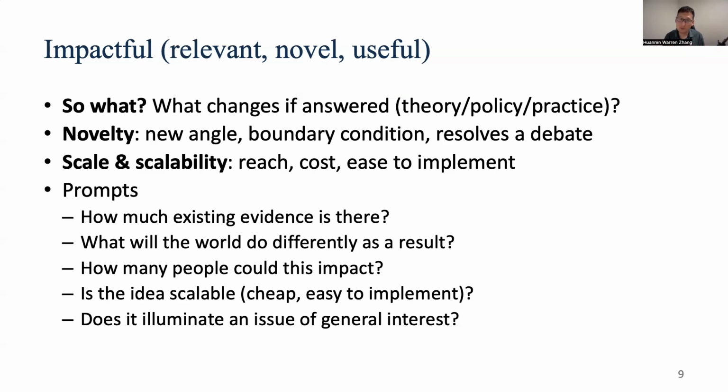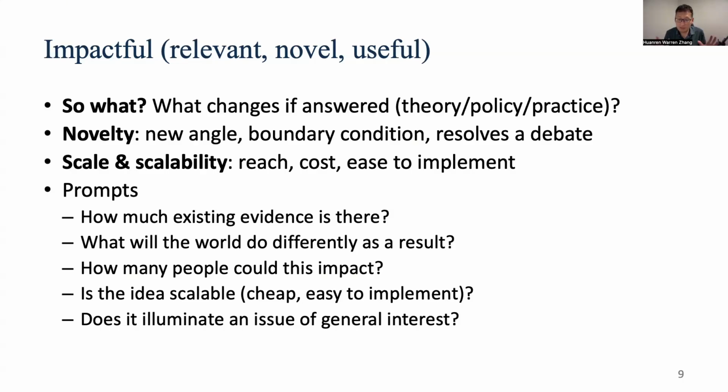If you are able to contribute to the field in terms of theory, policy, and practice, then you are writing an impactful paper. That means it's likely that your paper is a good paper. And an impactful paper should also be novel. It either provides a new angle or identifies the boundary condition for previous studies and resolves an ongoing debate.